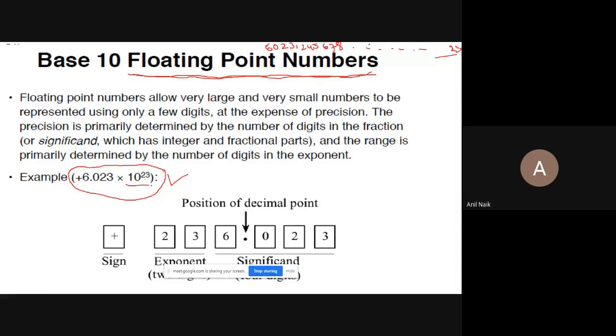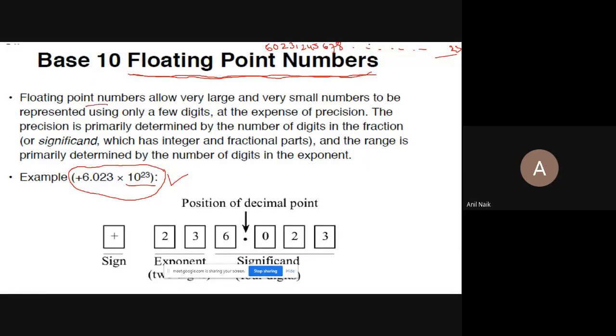Such a large number we represent in this format: 6.023 times 10 raised to 23, a decimal number with base 10. We are adjusting the decimal point, and that is why we call them floating point numbers.